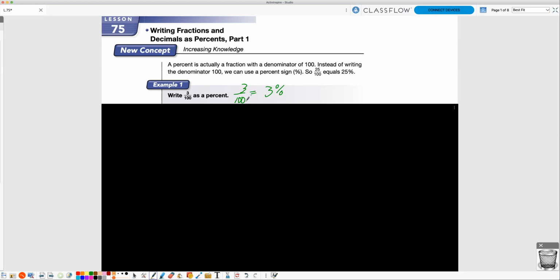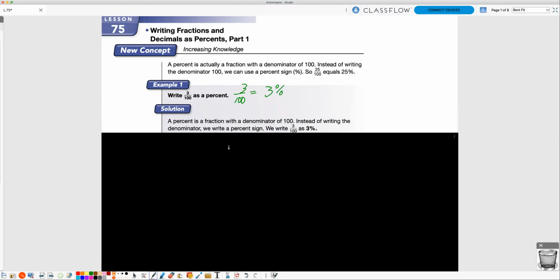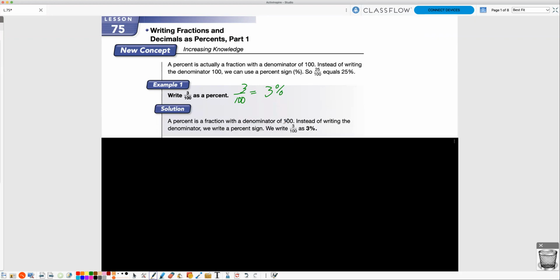Whatever the numerator is, when you have 100 down here, that's the percent. We're not talking about 1,000% or anything other than 100 in the denominator. A percent is a fraction with a denominator of 100. Instead of writing the denominator, we can write a percent sign, so 3 hundredths is 3%.